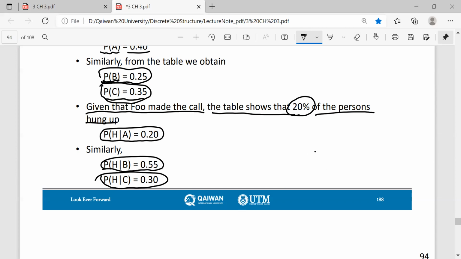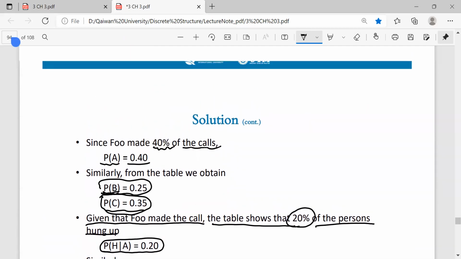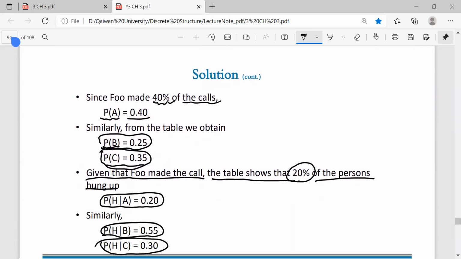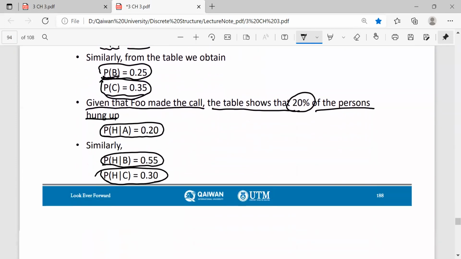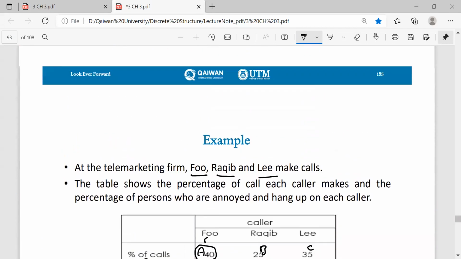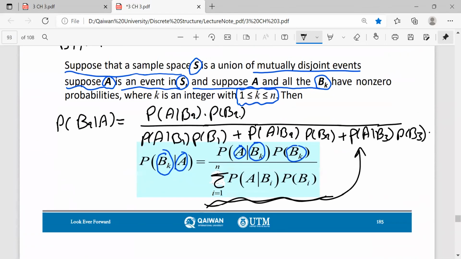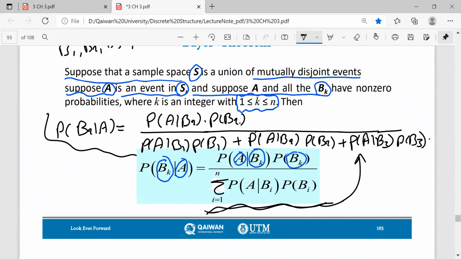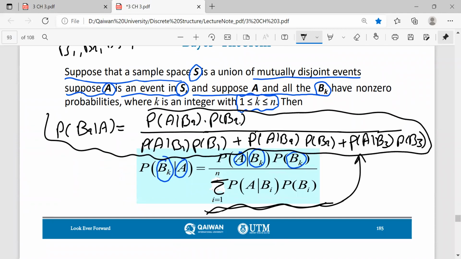Let's apply it. Here, we have A, B, and C, and also H. Look, we apply this rule. Here, A, B, and C denote B1, B2, B3, and H denotes A here.